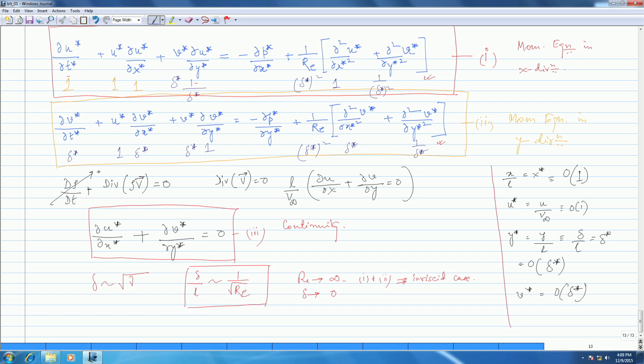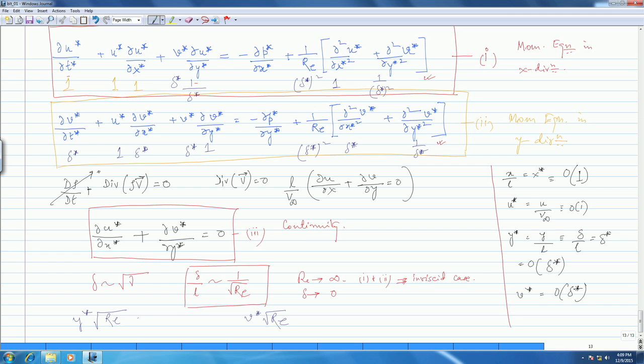The way we are going to do that is by using this transformation, so that y star, I am going to multiply by the square root of Re, and v star again multiply by the square root of Re.